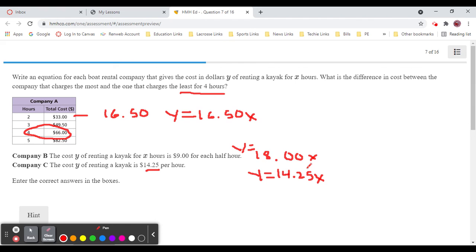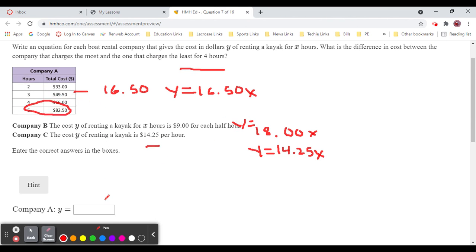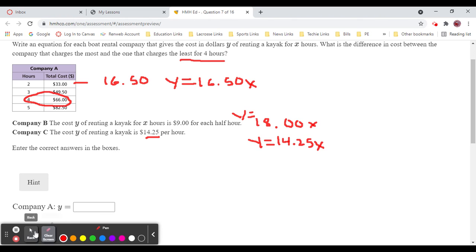All right. I still haven't found out which one's the best buy yet, because that's what it wants to know. Which one charges the most and which one charges the least. Okay. All right. So, I guess I could have just typed this in right here, but okay.